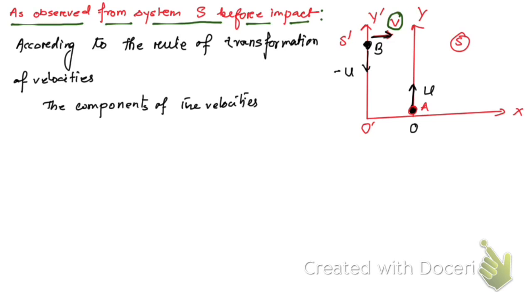Let me represent the velocity of A by UAX along the x-axis, that is equal to 0. And the velocity of ball A along the y-axis is positive u.